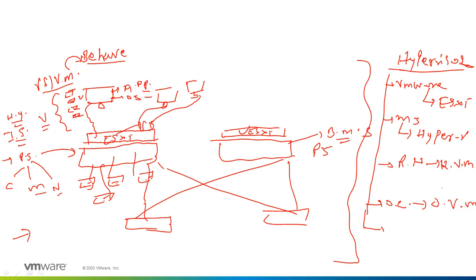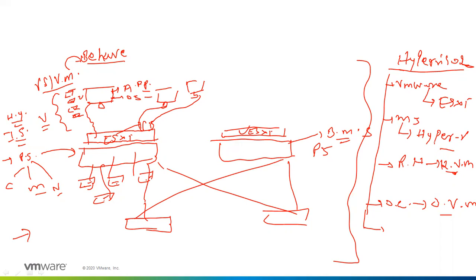So these are the different hypervisor names from the different providers. It all depends upon customer adoption, which kind of hypervisor they are using. For hypervisor installation, management and so on, there is another set of software provided, right?